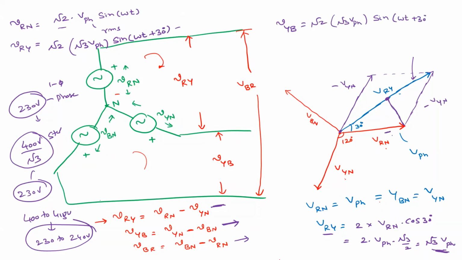How much angle is it delayed? We have RY first, YB next, and next we have BR, so it is delayed by 120 degrees.